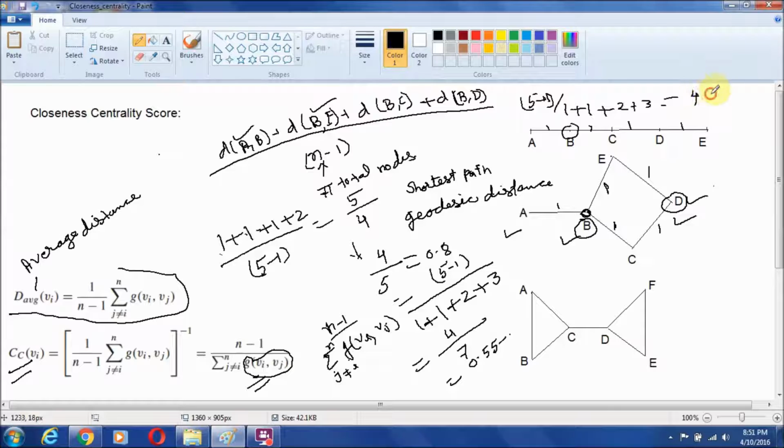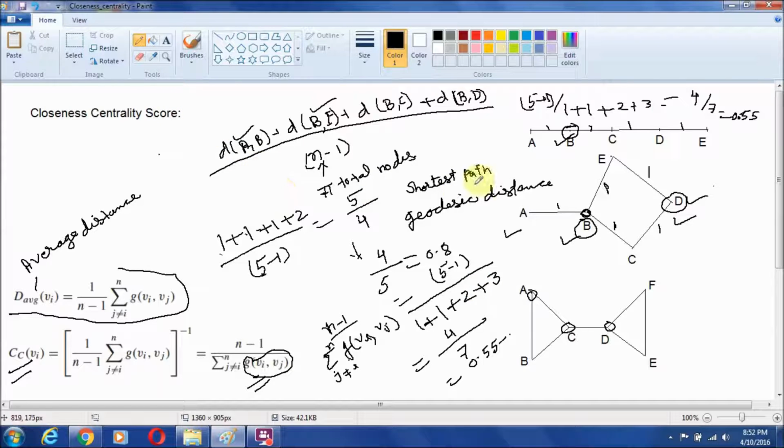So it is again 4 divided by 7. So this is the closeness centrality score of node B with respect to the entire graph. Similarly, we can calculate all such closeness centrality scores and identify which node is more central in this graph with respect to other nodes.